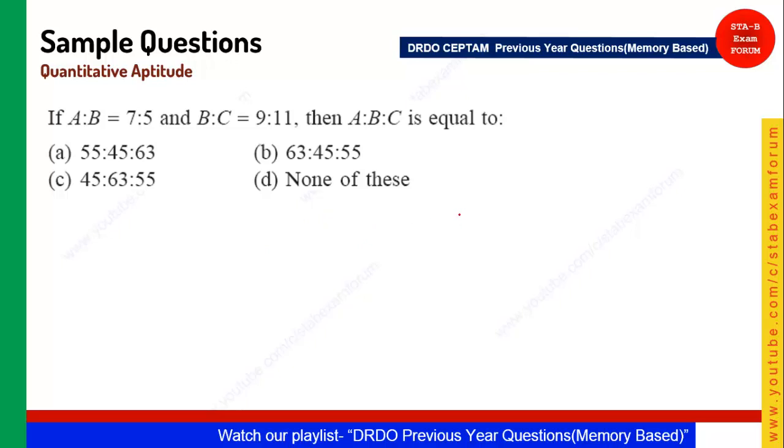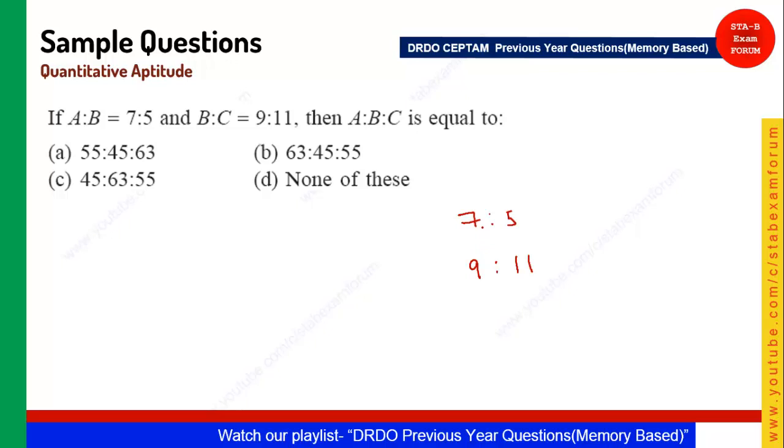What is the ratio of A and B? A is to B is 7:5 and B is to C is 9:11. Okay, you need to find the combined ratio of A is to B is to C. So there are several methods, okay, but I will tell you the simplest one.